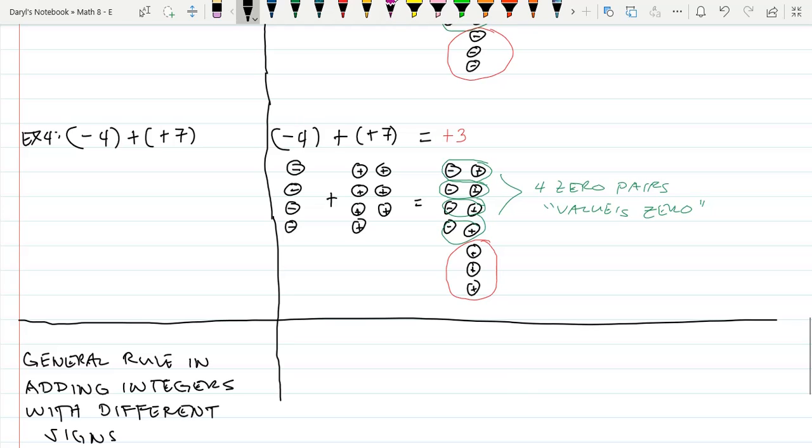Again, you have different signs. So still addition, but different signs. So when we say different signs, one is positive, the other is negative, or vice versa. Okay.